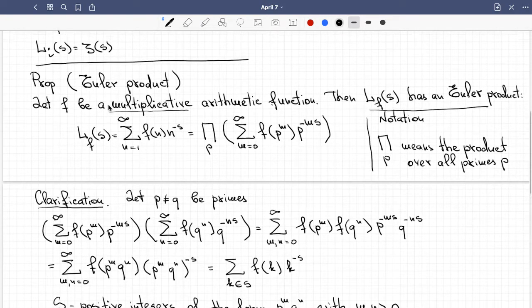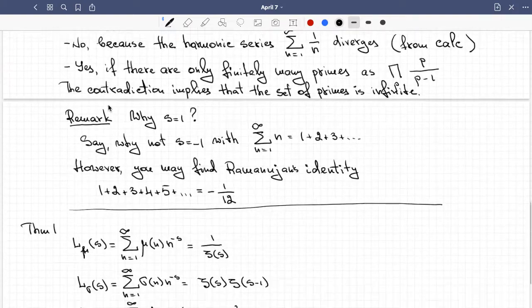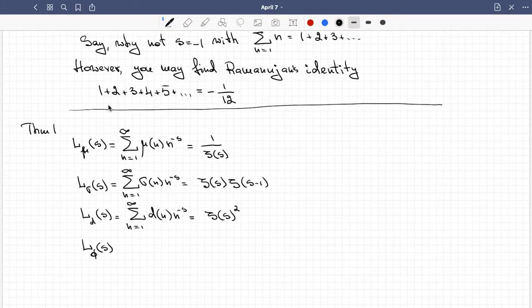We get something closely related to Riemann's zeta function. The sum from 1 to infinity of phi of n times n to the negative s: what we get this time is zeta of s minus 1 divided by zeta of s.